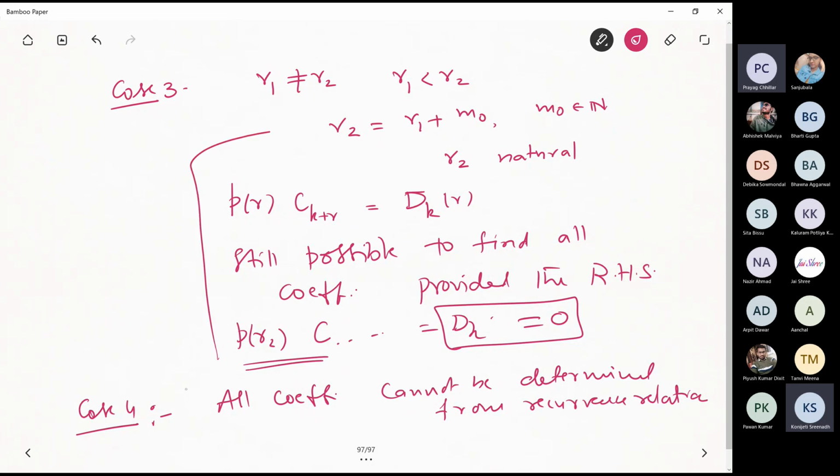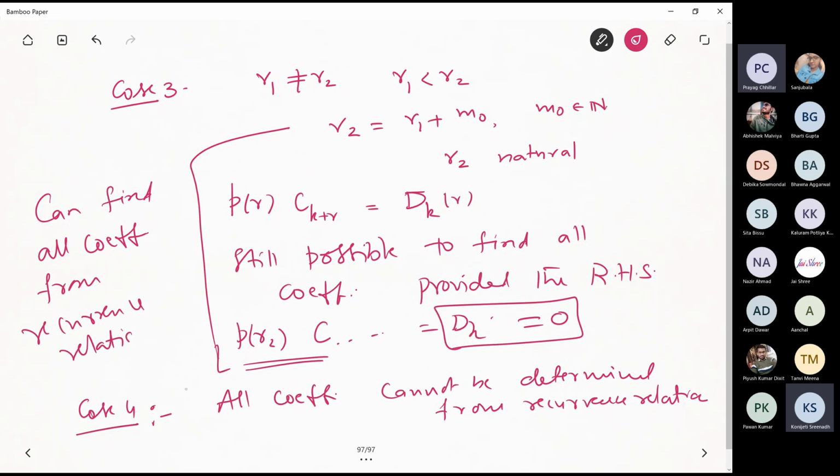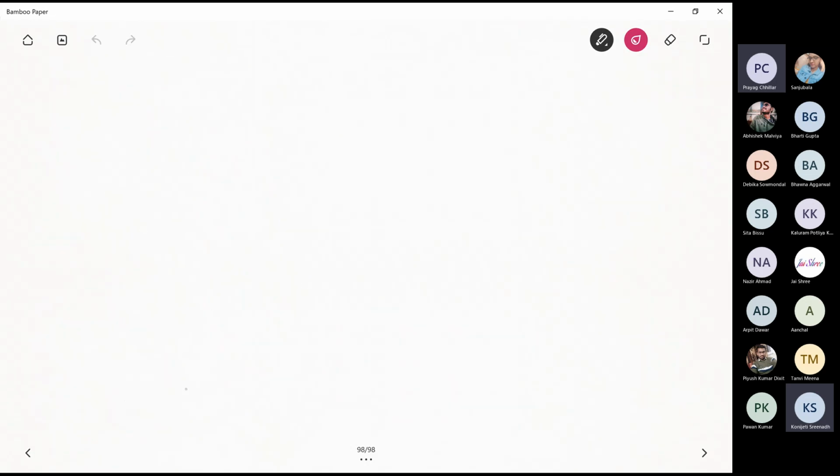So this is the case where you can find all coefficients from recurrence relations, despite that P of R2 is 0. In this case, there are two ways to do it, and both will lead to the same solution.